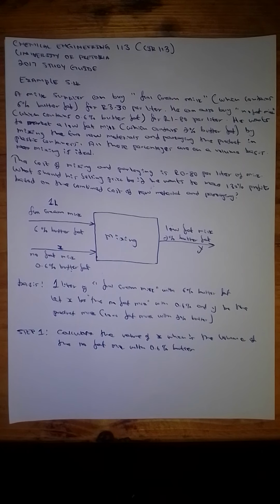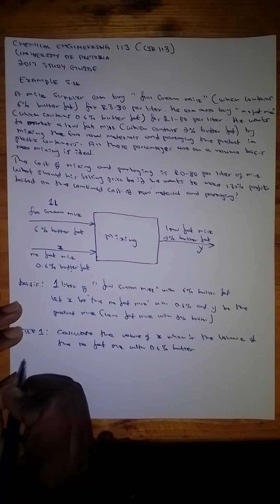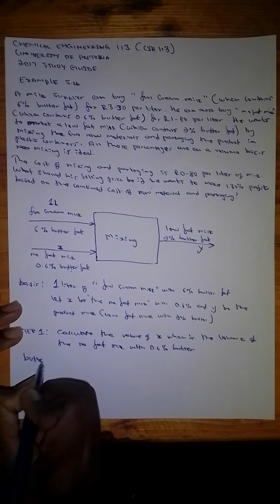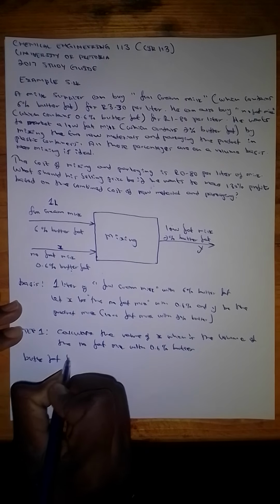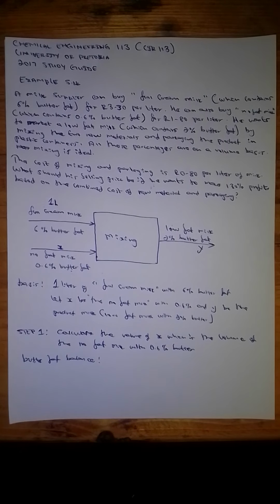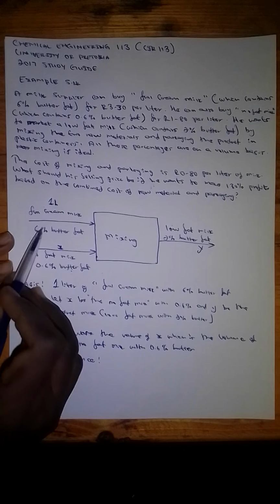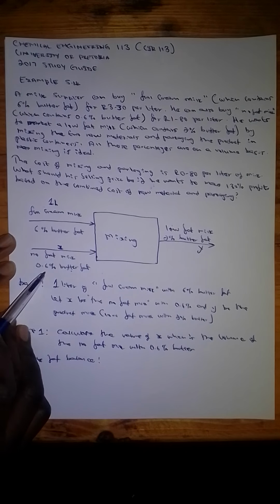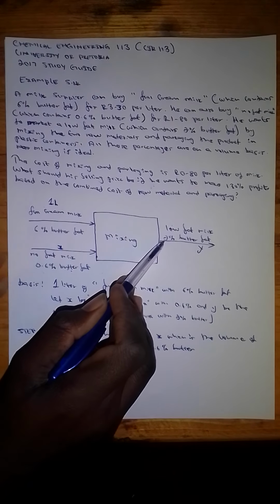To do that, we're going to need to do our butterfat balance. Let me write here, butterfat balance. We know it's 6% here and 0.6% here, and then it results in 2% there.